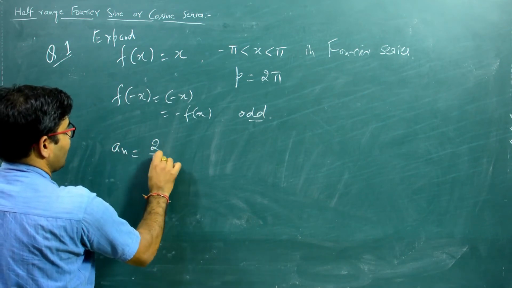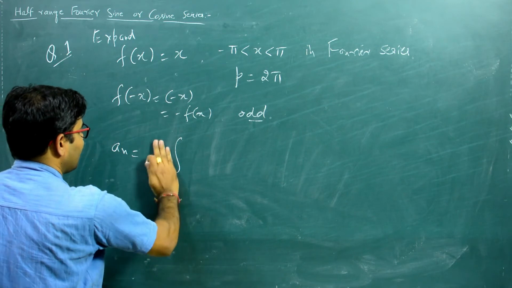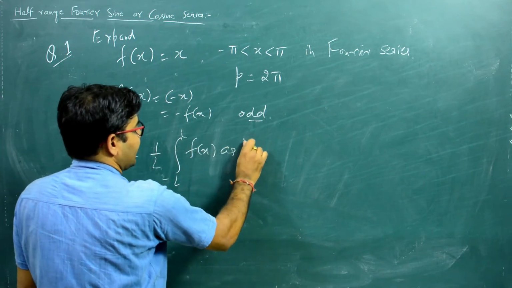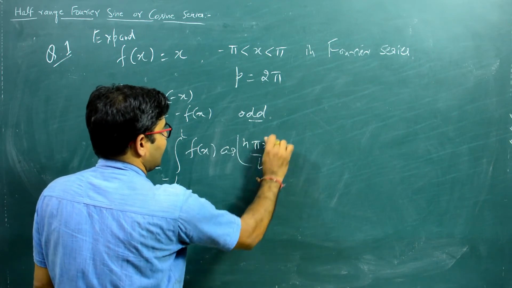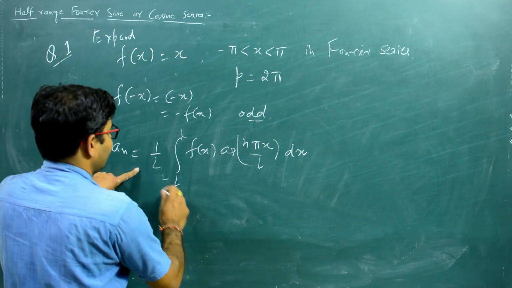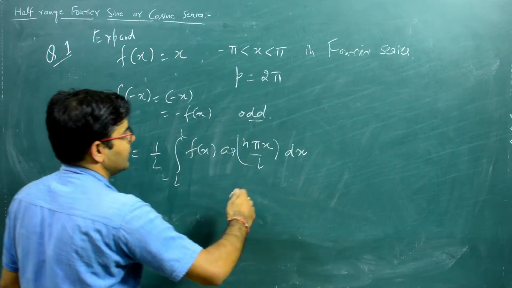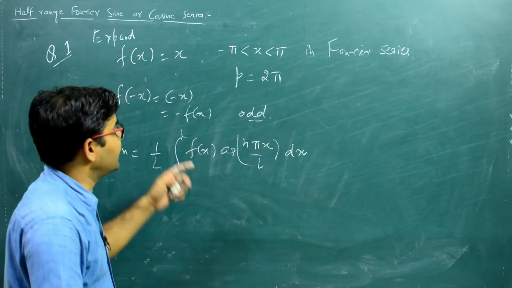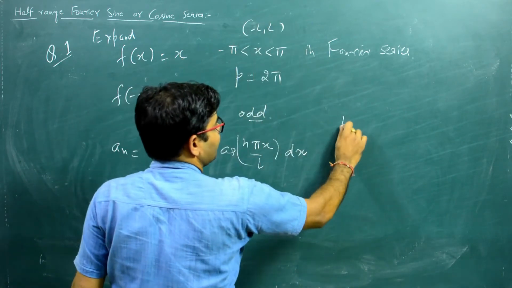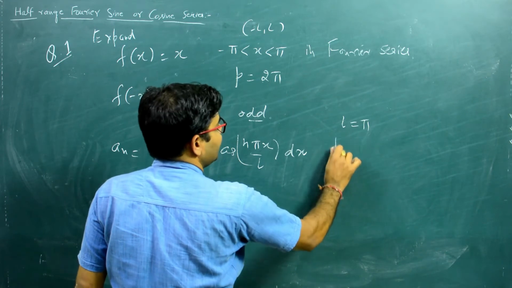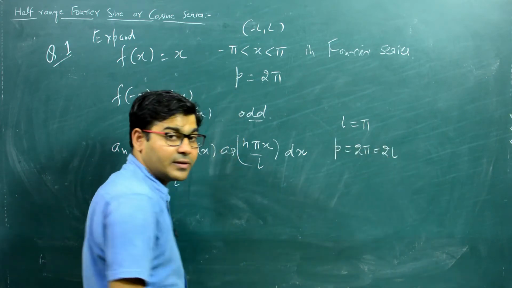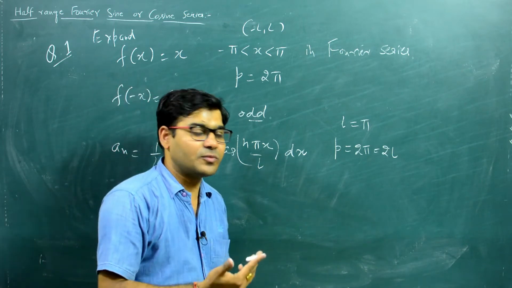a_n was, the formula for a_n was 1 by L integral from minus L to L f(x) cos(n pi x by L) dx. Now you see, if I compare with the standard interval that I had written down, minus L to L, L is equal to pi here, and the period 2 pi is equal to 2L, because in our standard case we had taken period to be 2L.